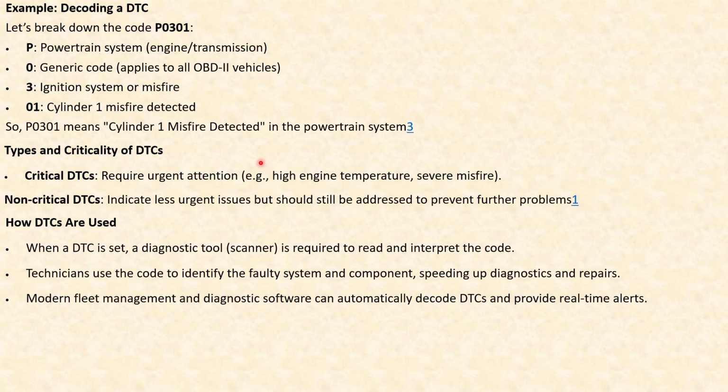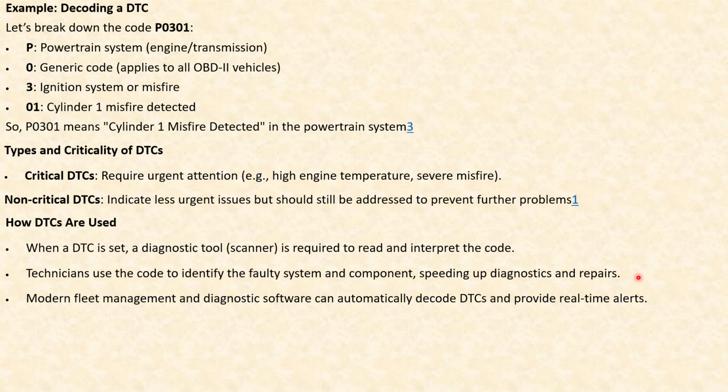Now the types and criticality of DTCs. Critical DTCs require urgent attention, for example high engine temperature or severe misfire. Non-critical DTCs indicate less urgent issues but should still be addressed to prevent further problems. So how are DTCs used? When a DTC is set, a diagnostic tool is required to read and interpret the code. Technicians use the code to identify the faulty system and component, speeding up diagnostics and repairs.